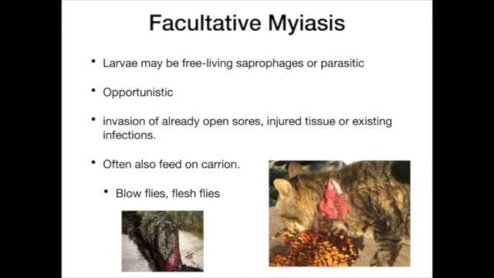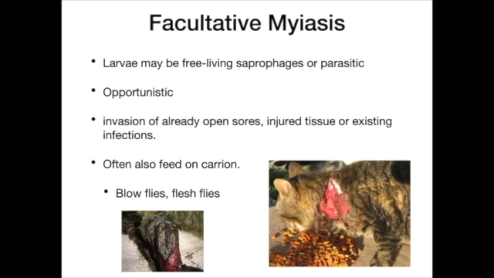In facultative myiasis, the larvae may be free-living, which they would be saprophagous, or they could be parasitic. This is really simply just an opportunity. There's a wound or a cut. Wild animals, stray animals oftentimes have wounds or cuts. You see this a lot in stray cats because they do a lot of fighting, and so they have these open wounds.